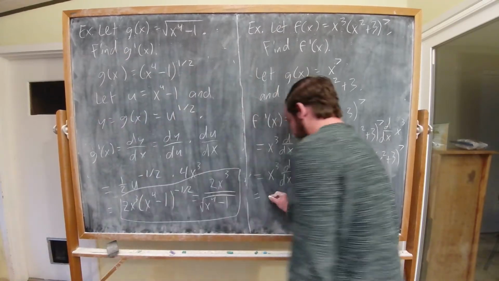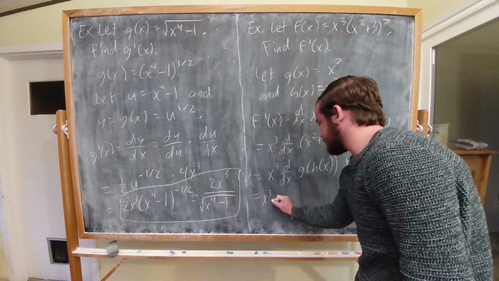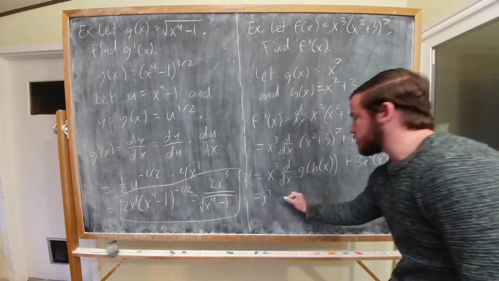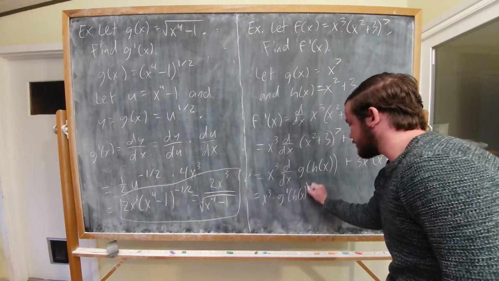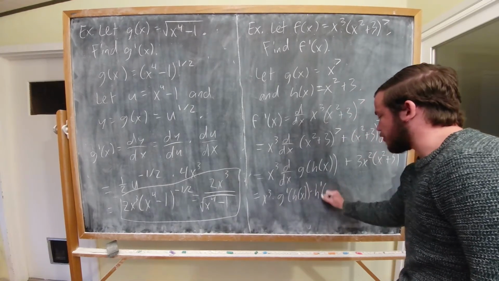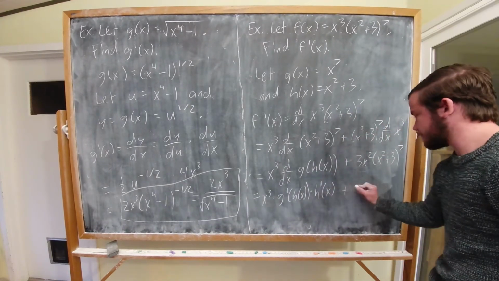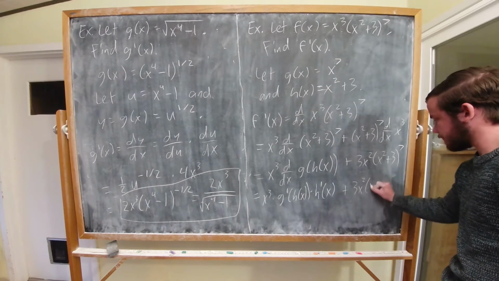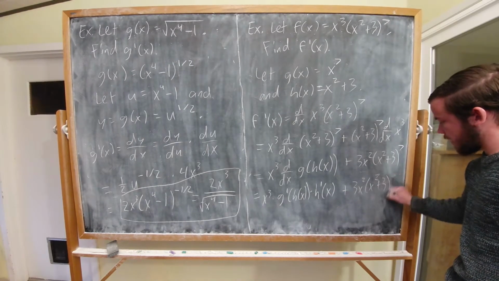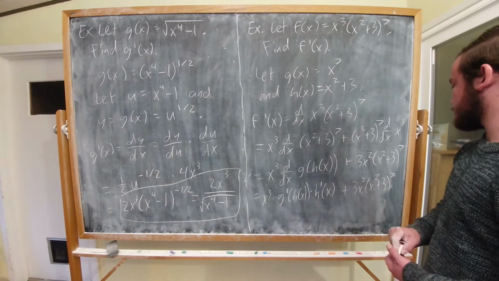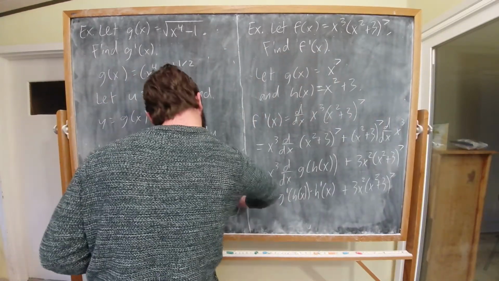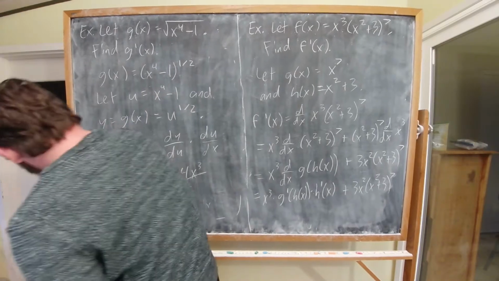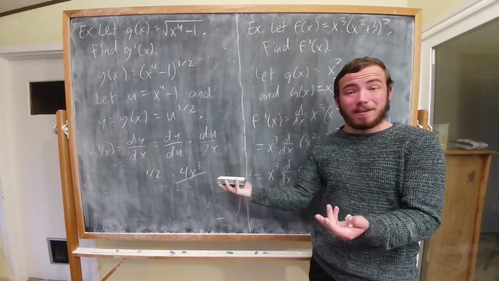This is equal to x cubed times, by the chain rule, g prime of h of x times h prime of x, plus 3x squared times x squared plus 3 to the 7th power. So far, going pretty well.